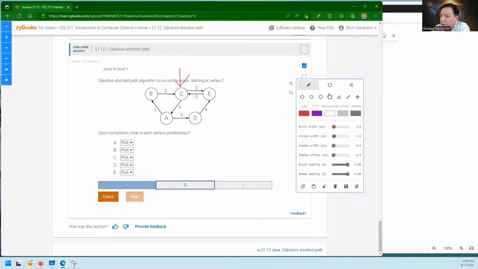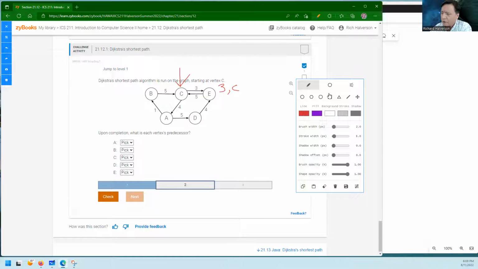The shortest path to E is 3. So this is going to be 3, C, and the shortest path to D is going to be, see, it's 4, 5, or 4, 5.